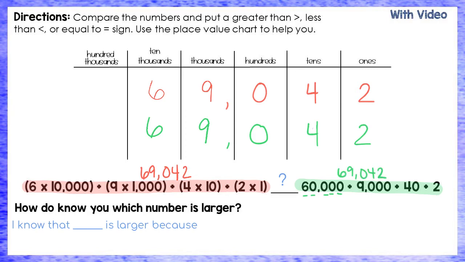And we began comparing in the largest place. They have the same number of 10,000s. They both have 9,000s. They both have 0 hundreds. They both have 4 tens. And they both have 2 ones. So that tells us that they are equal. So I'm going to write my equal sign in between them.